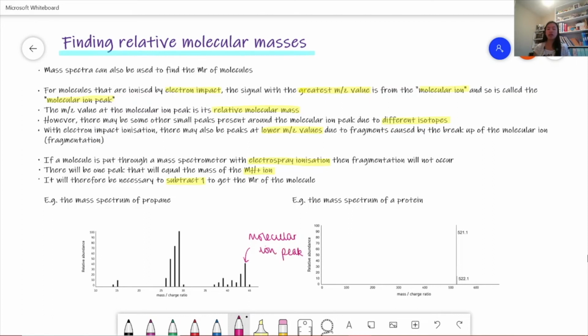So with electron impact, you usually go to the peak with the highest mass to charge ratio and whichever one is tallest. In this case, it wouldn't be the very last one. It would be the second last one, because the last one is due to isotopes. And so this tells us that the relative molecular mass of propane is 44.